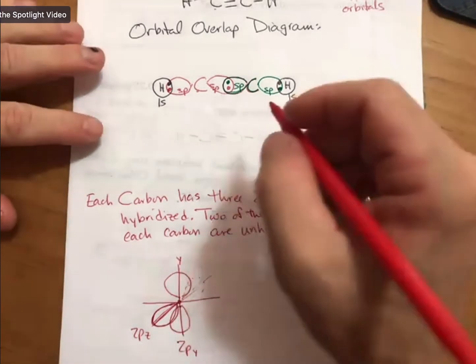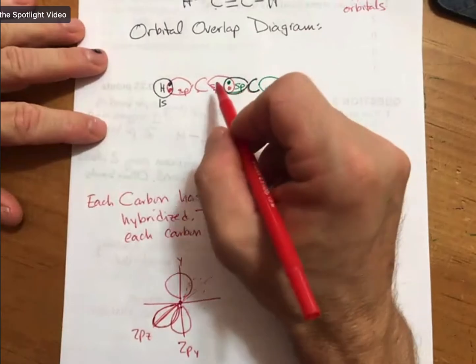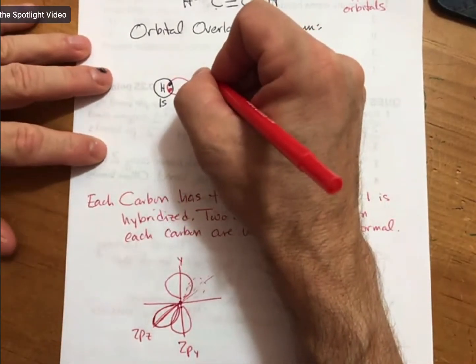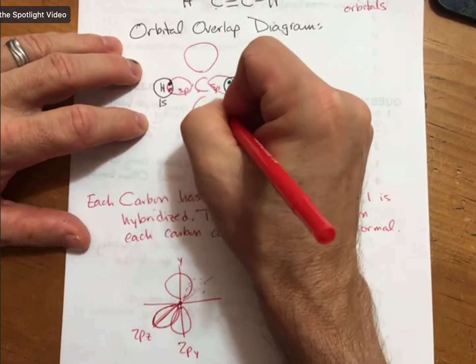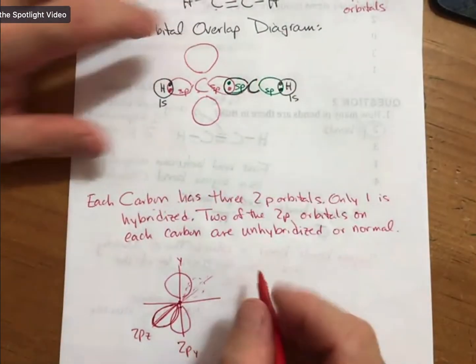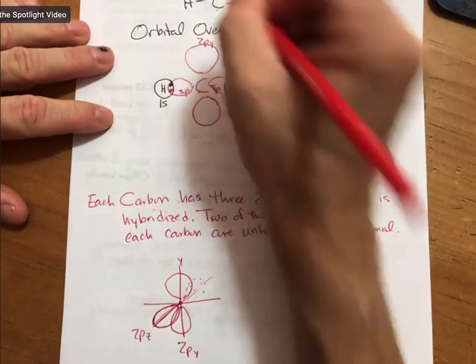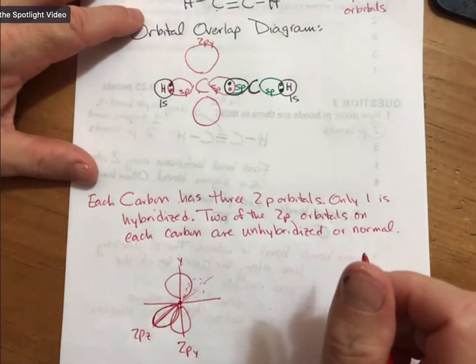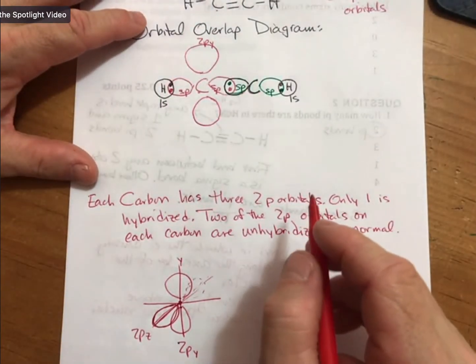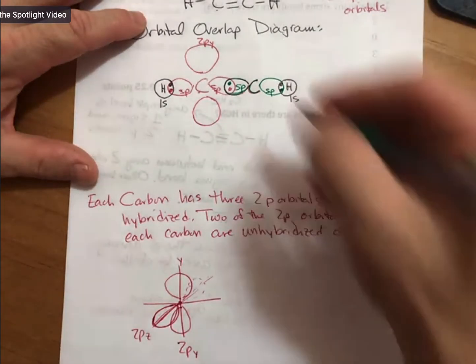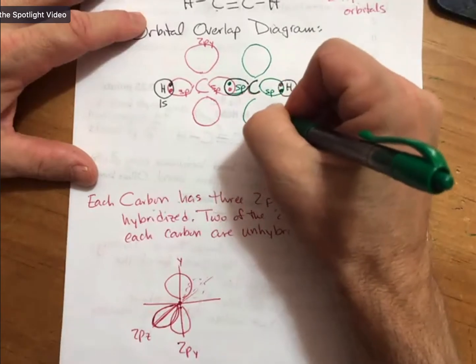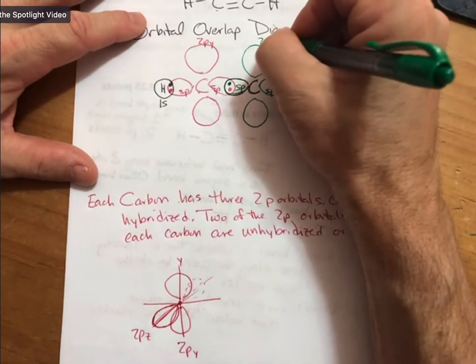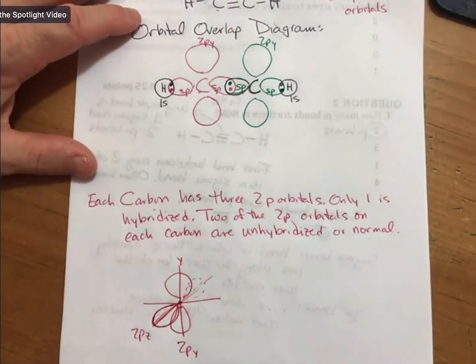So what I'm going to do now is, and they're a little far apart, I'm now going to draw this is 2py. And on the other atom, this is 2py.